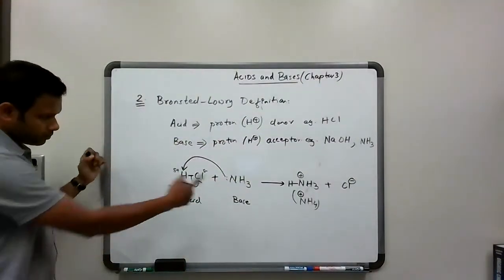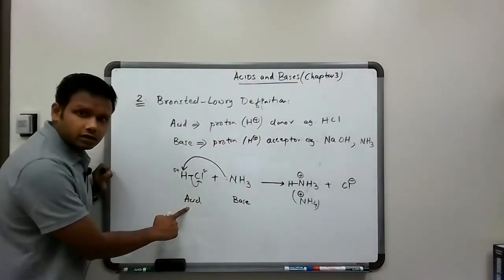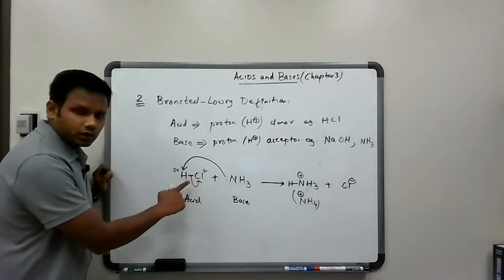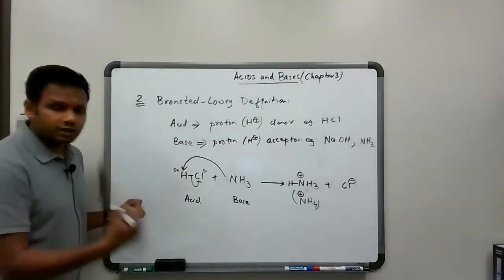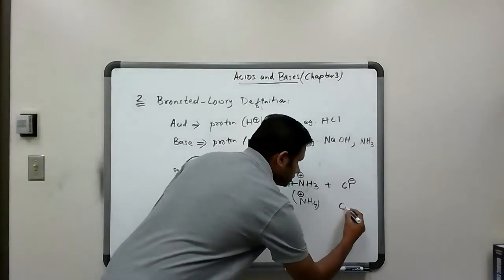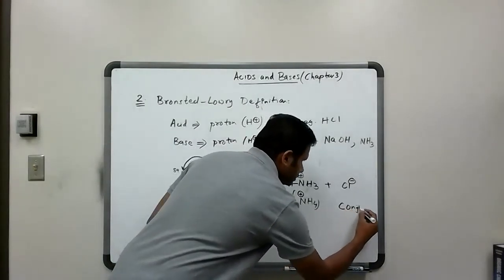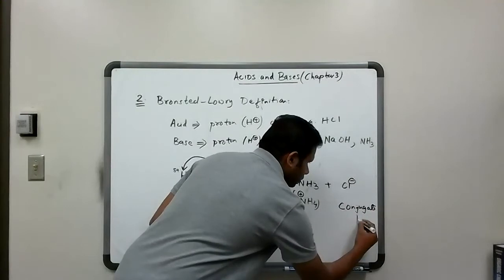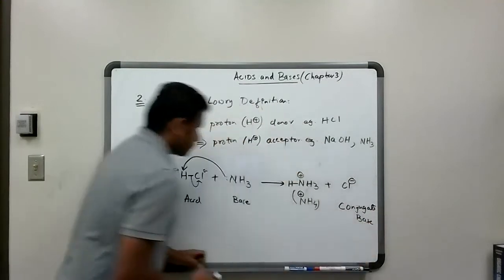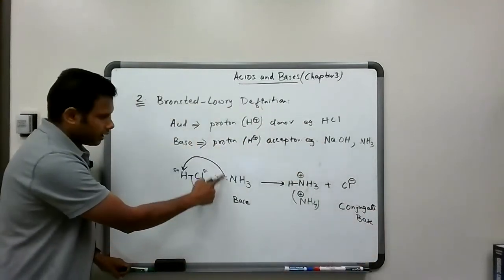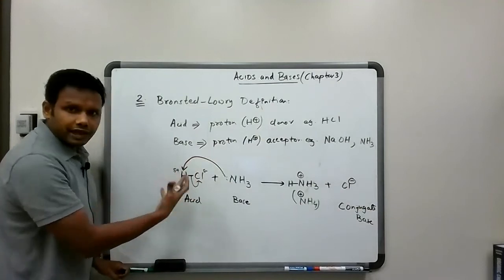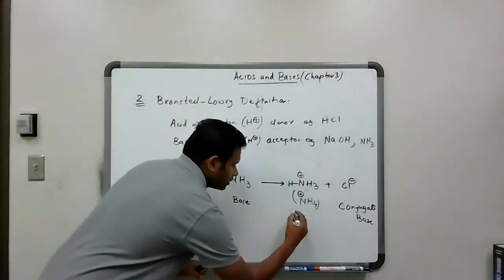Now the acid will lose its proton to give you the conjugate base. So in this particular case, that is going to be the chloride again. The base, when it accepts the proton, becomes the conjugate acid.